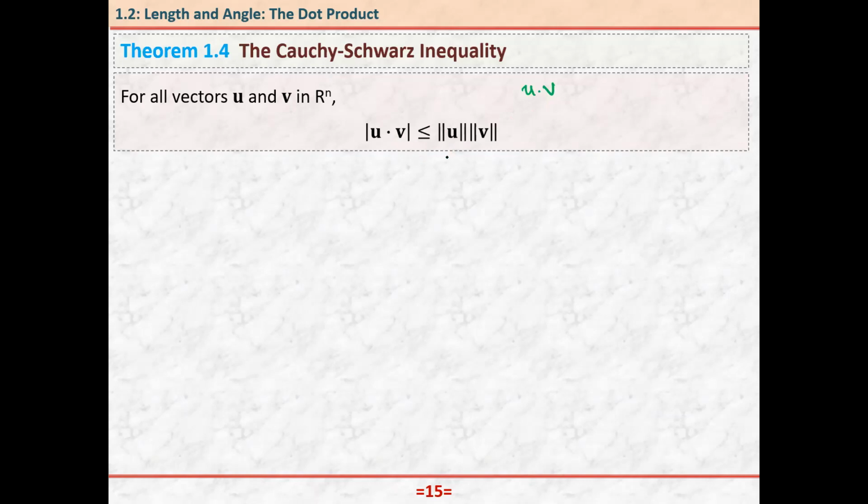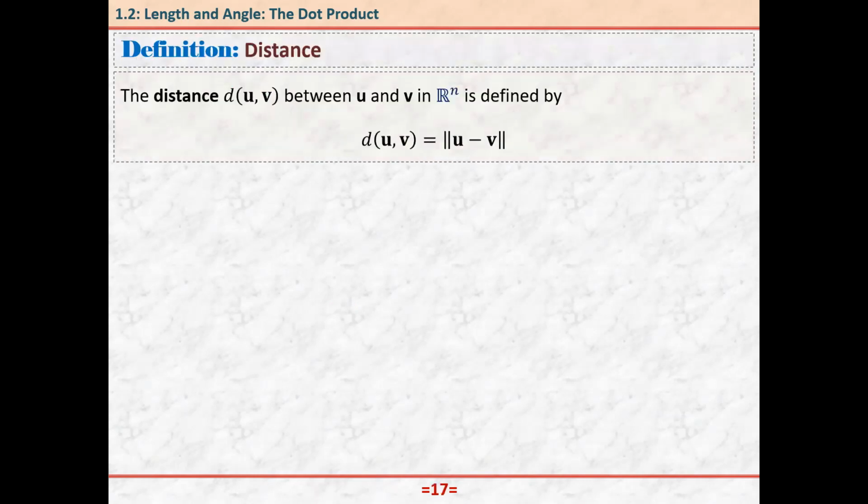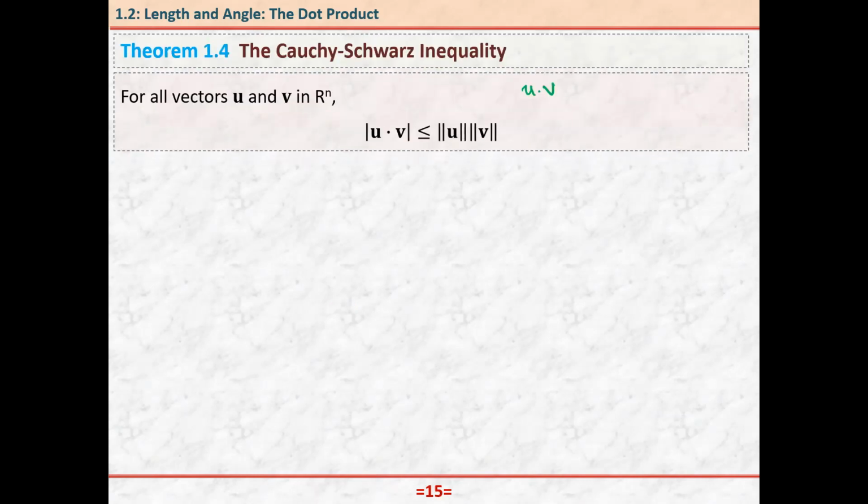For the general form, we are going to prove this maybe later in chapter 7. But here, what I want you to do is try, for example, two-dimensional space, and three-dimensional space, if you are interested. Assume that u and v are in Rn.